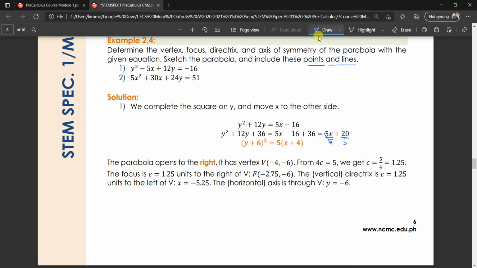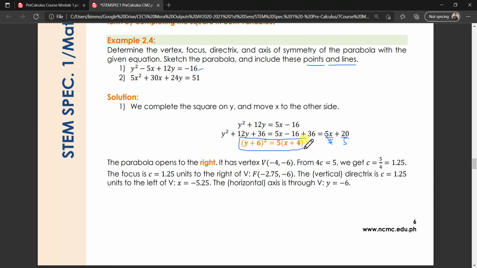From our general form, the given, we have come up with the standard equation of the parabola.